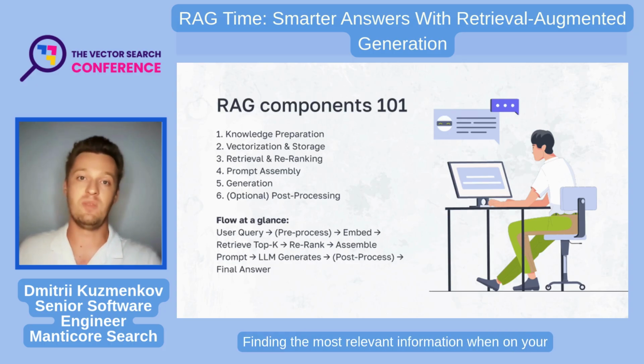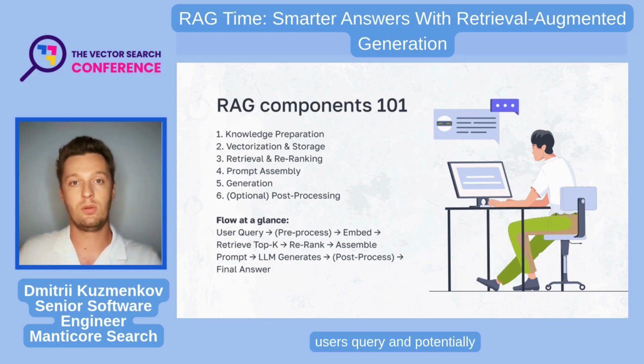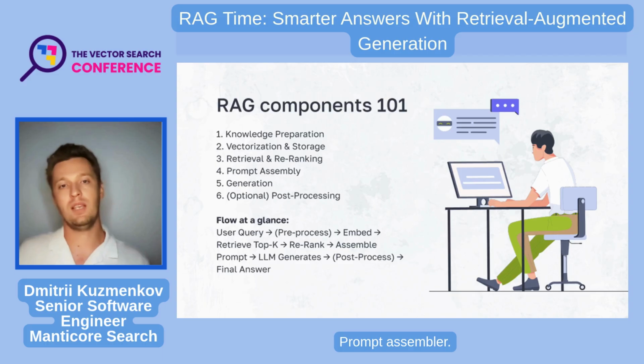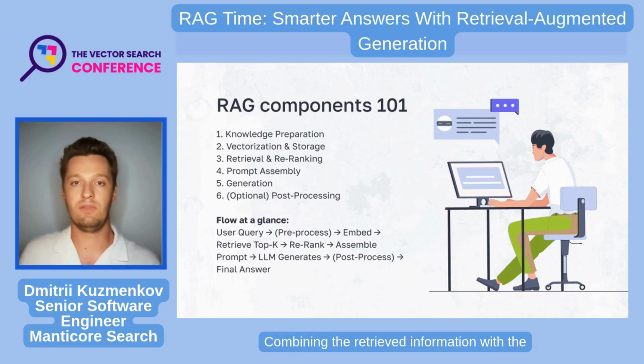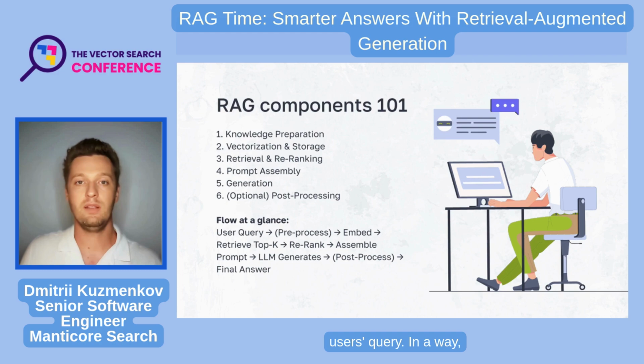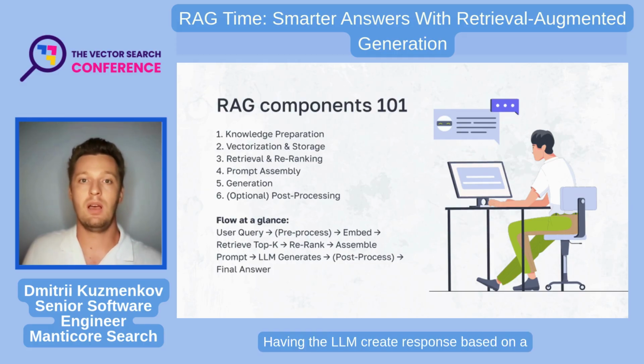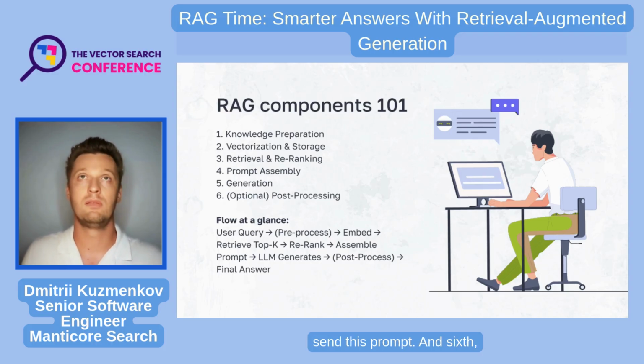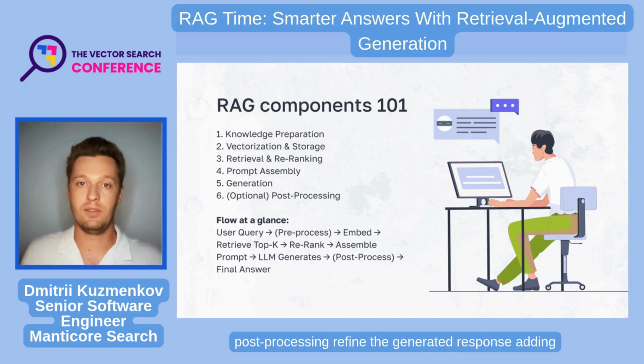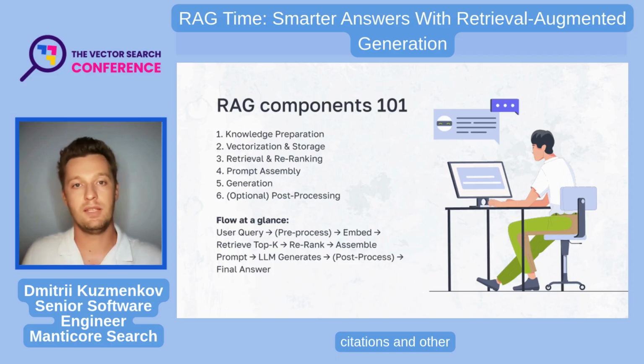Finding the most relevant information based on your user query and potentially refining those results. Fourth, prompt assembly, combining the retrieved information with the user's query in a way the LLM can use effectively. Fifth, generation, having the LLM create a response based on the assembled prompt. And sixth, optionally, post-processing, refining the generated response, adding citations and other enhancements.